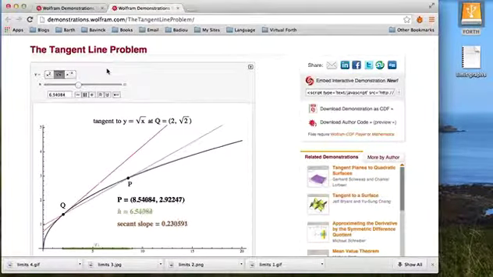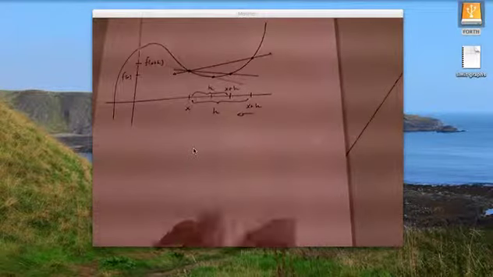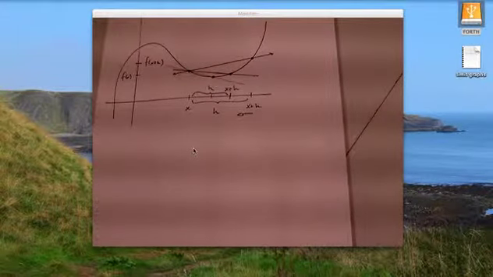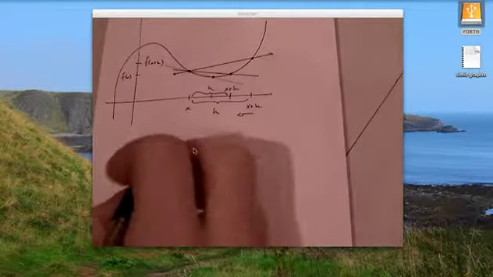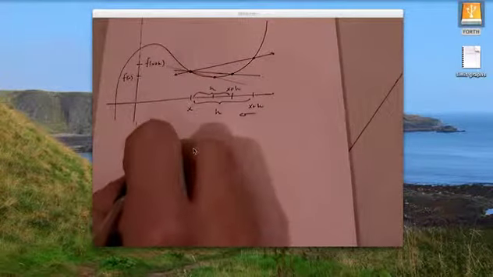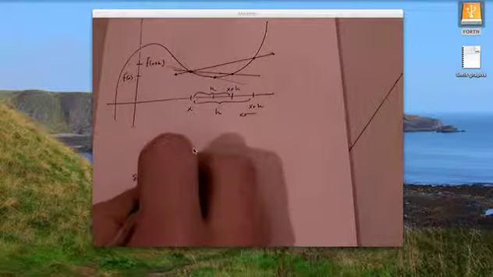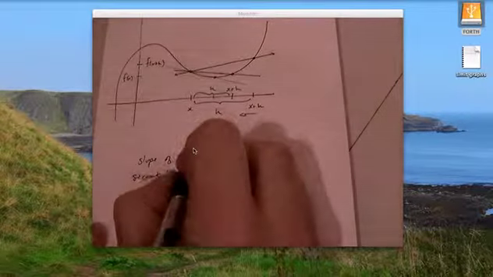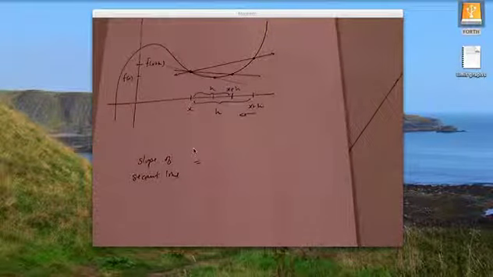And if I'm dealing with the mathematics of equality instead of the mathematics of approach, whatever your x plus h, f of x plus h is here, the slope of the secant line is equal to, and of course the slope formula we invoke, y2 minus y1 over x2 minus x1.